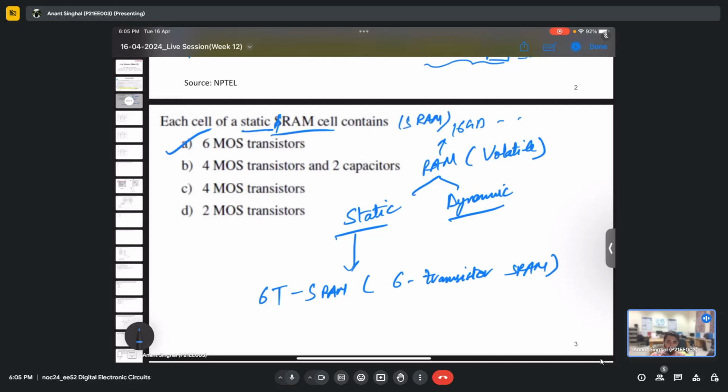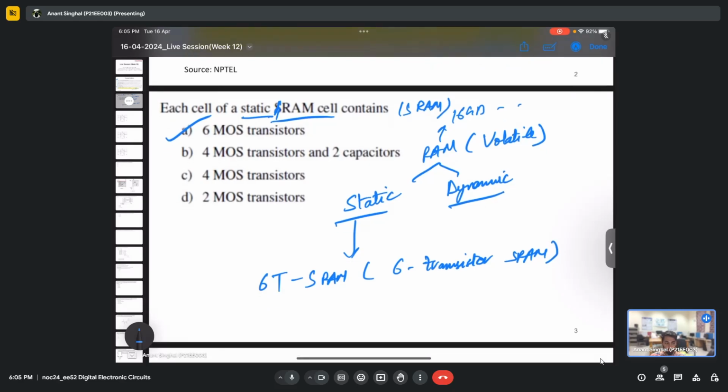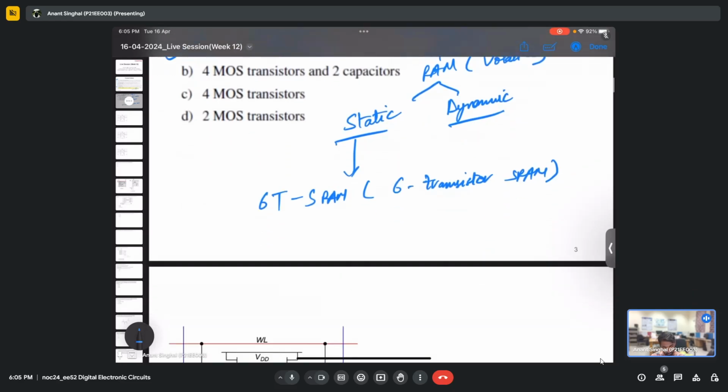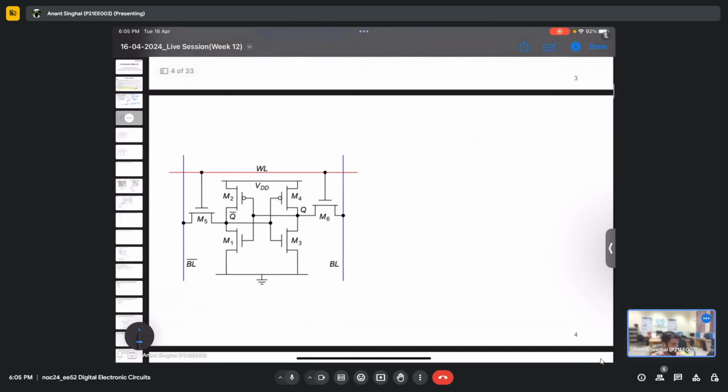But for the sake of explanation, I have added the circuit of this particular SRAM, and I'll go through it in a very brief manner. I'll go through this circuit and how SRAM can work. So this is an SRAM in which we have 6 transistors. You can see we have transistors M1, M2, then M3, M4, and then M5, M6. So these are the transistors that we have.